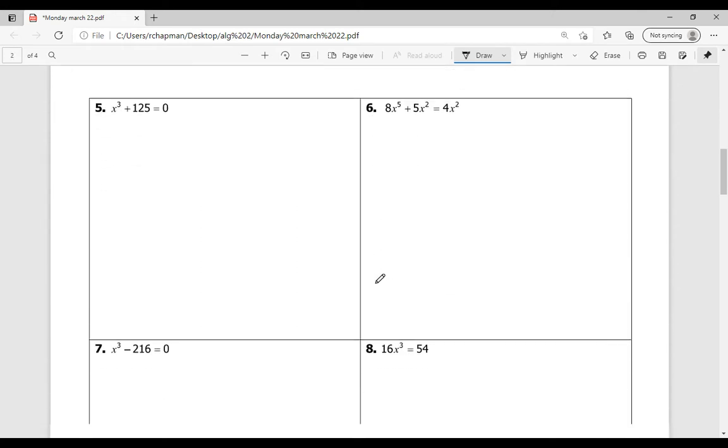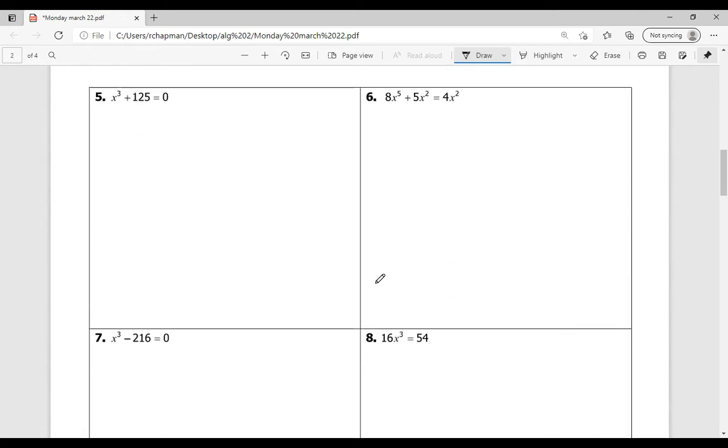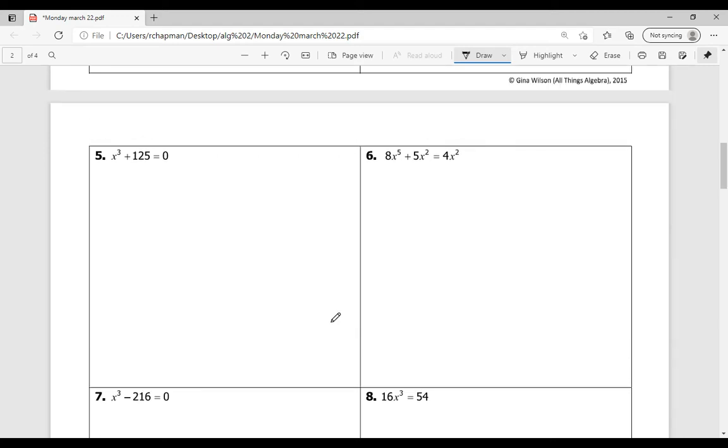Now, is this your number 5 on the back side of that worksheet? Now, these are the cubes that we did. And number 5 and number 7 are both cubes. Number 5 is the sum of cubes, which equals a plus b, binomial, and a squared minus ab plus b squared, trinomial.